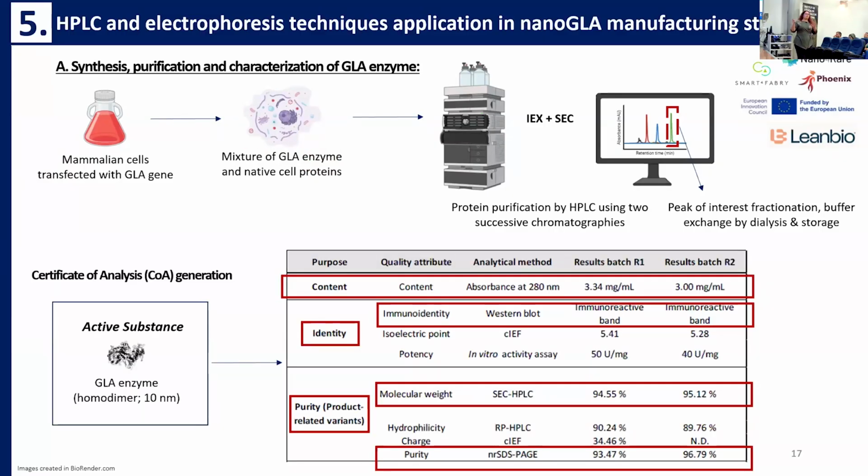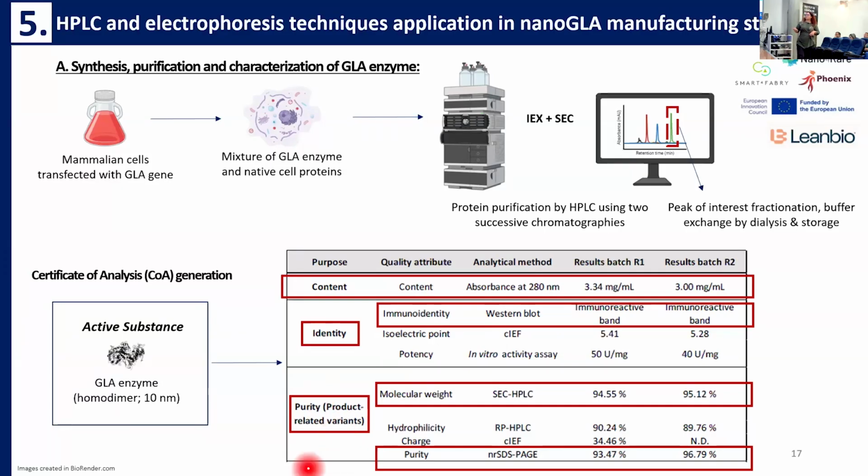Also, before entrapping this in the liposomes, our partners, Limbio, made the certificate of analysis by characterizing different physicochemical properties of this enzyme, such as the content by absorbance, since it's a pure enzyme, but they also used the Western blot to identify if the protein is there and well produced.